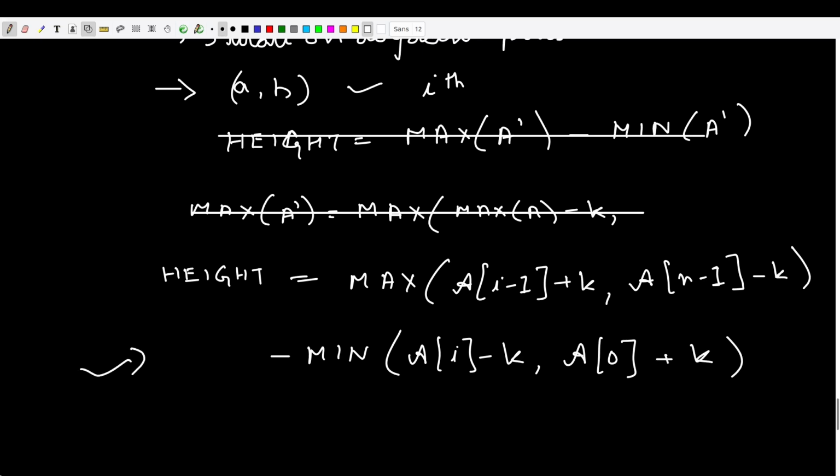So this is what the thing will be, and then the max height is basically max.